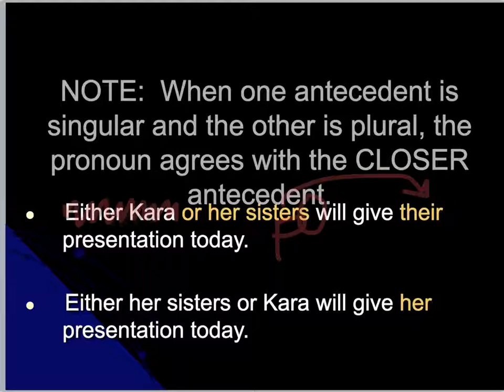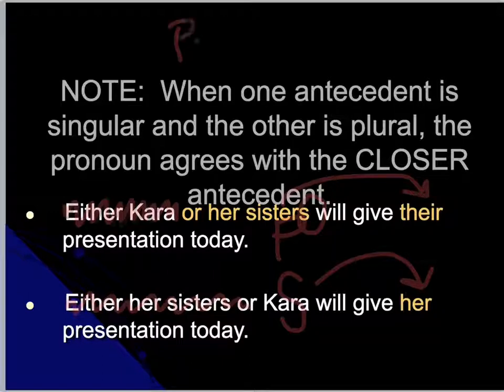If the antecedent order is flip-flopped and the sisters come first and Kara is named second, crossing out and ignoring everything up through and including the or will help me choose the right pronoun. Kara, who is singular, will give her presentation today because I'm using a feminine pronoun for Kara.